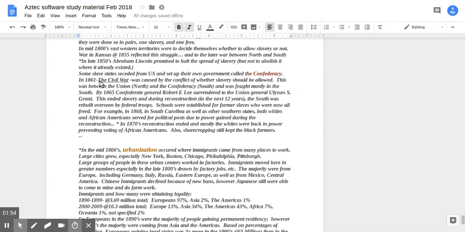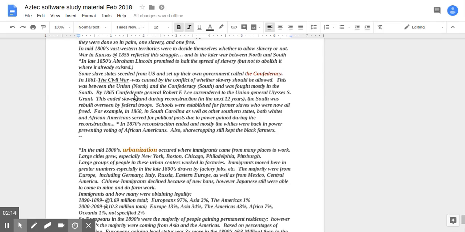Some slave states seceded from the U.S. and set up their own government called the Confederacy. In 1861, the Civil War was caused by the conflict over whether slavery should be allowed.